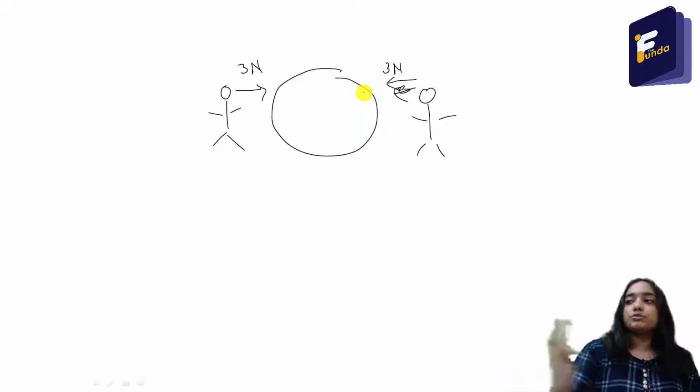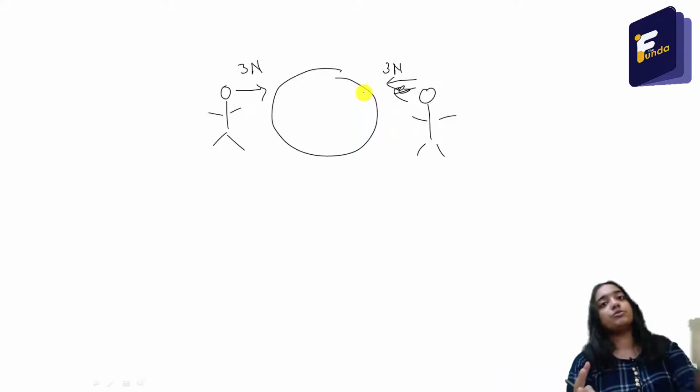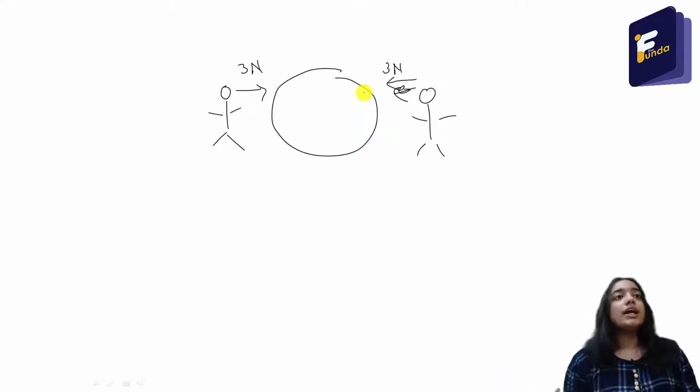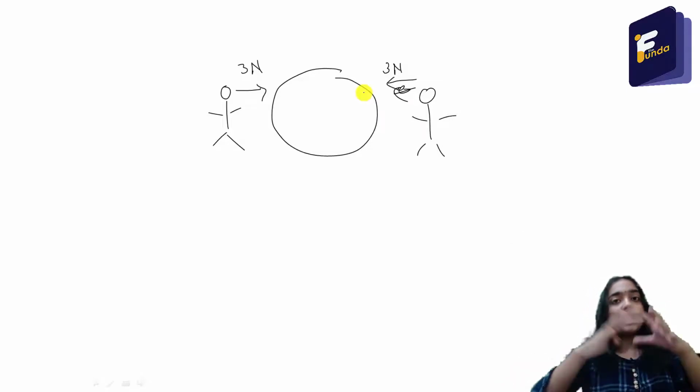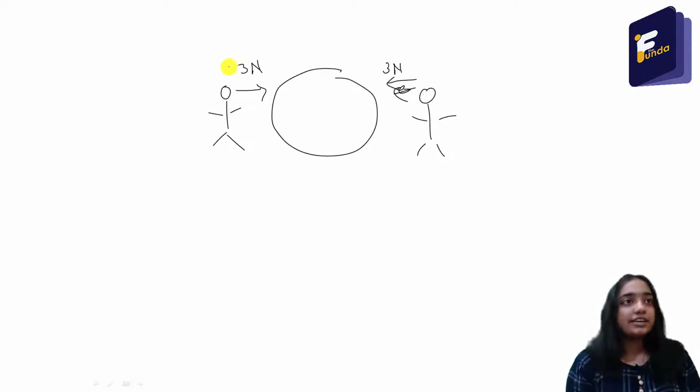One person is pushing from this direction, another from this direction, so obviously the net effect of those two forces, 3 and 3, is 0.